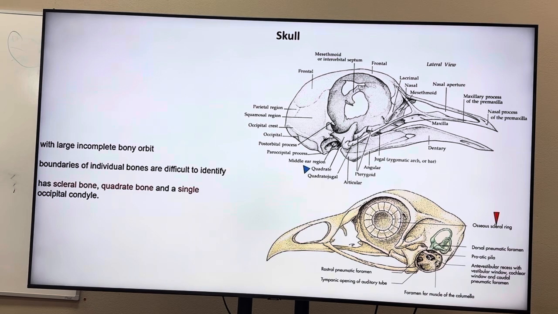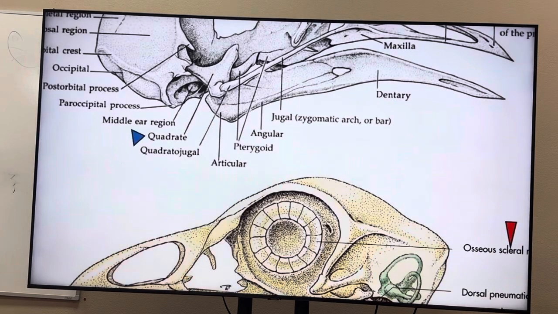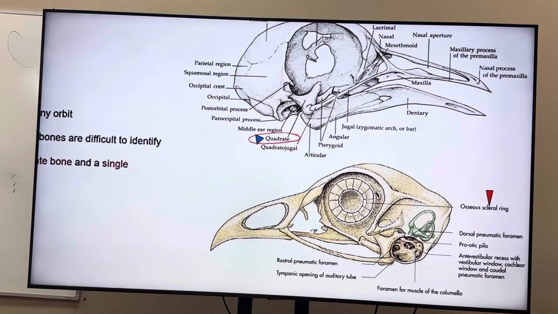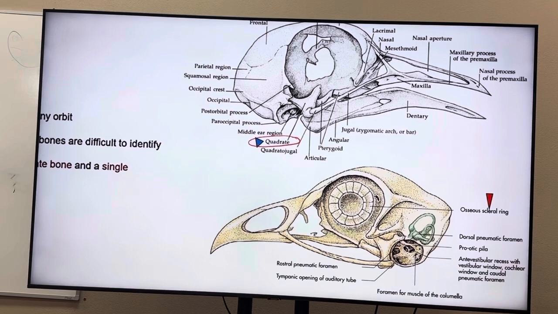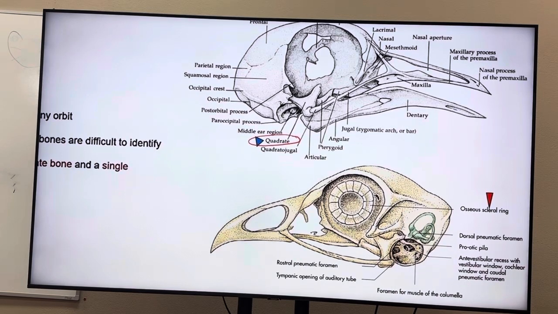We have seen how the condylar process articulates with the mandibular fossa of the skull, and here the quadrate bone replaces this function, so it articulates the lower jaw to the skull. This is a bony structure that articulates the lower jaw to the skull.